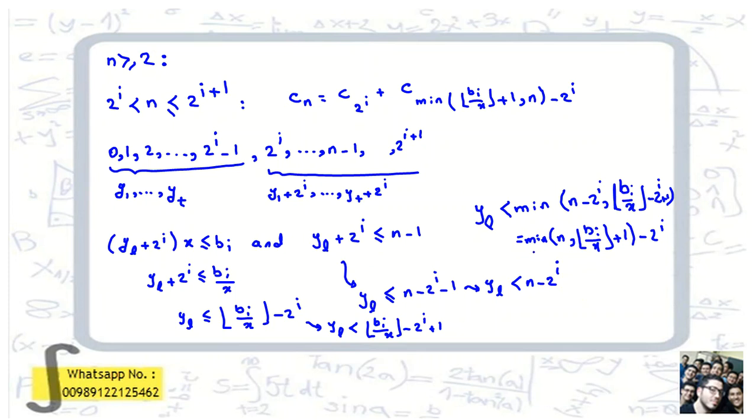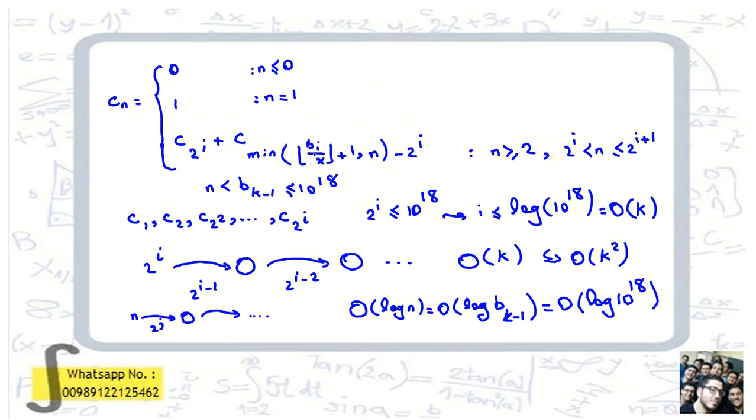So we know that yl is between 0 and strictly less than this. By definition of C, the recursive sequence C, we can say it would be C of the minimum of this minus 2 to the I. For n equal 1, we said C1 is 1. For n less than or equal 0, Cn is 0.